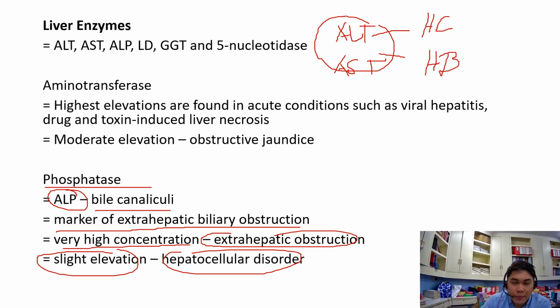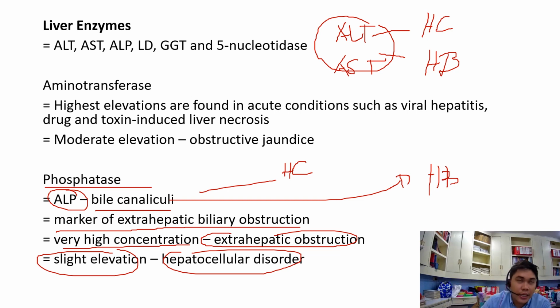So for ALP, there is slight elevation in hepatocellular disease or hepatocellular injury, and significant increase if there is hepatobiliary obstruction. Meaning ALP is more of hepatobiliary, and ALT and AST are more of hepatocellular.